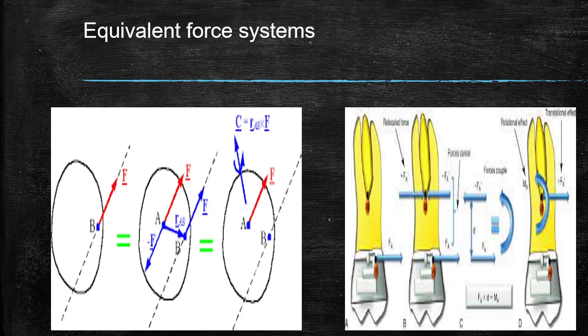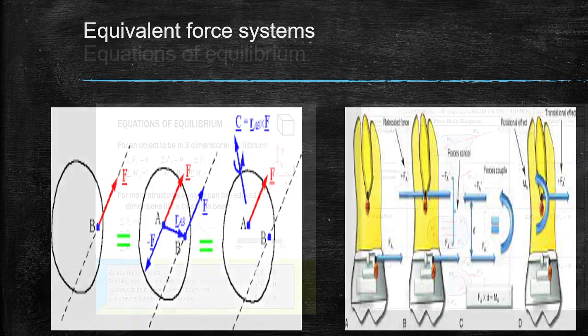The next diagram shows the same thing, with some more forces acting on it. Then we have an equal force in the opposite direction, which forms a couple. That moment is simply given by the magnitude of one force into the distance between them. So this is a couple.